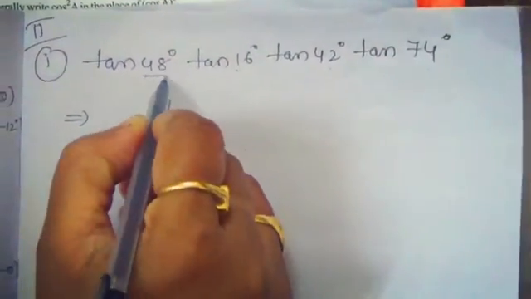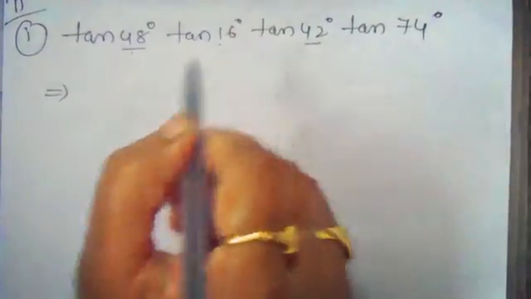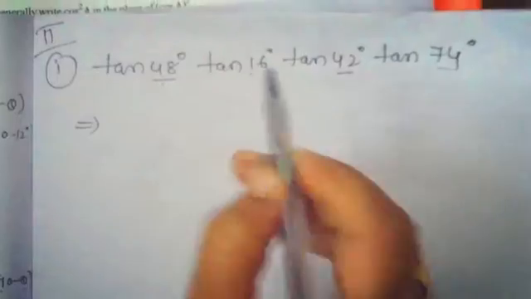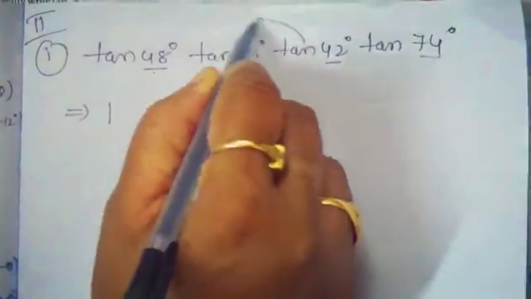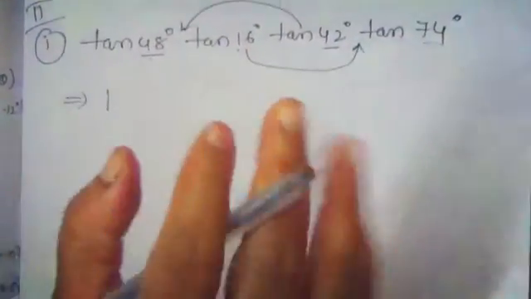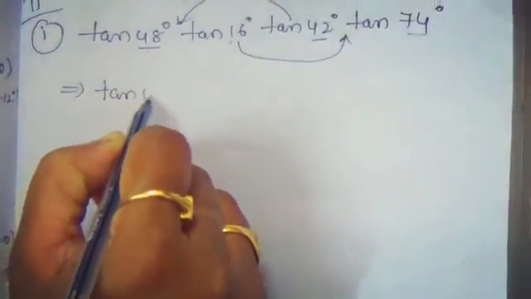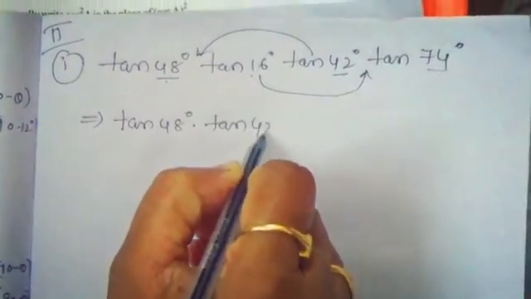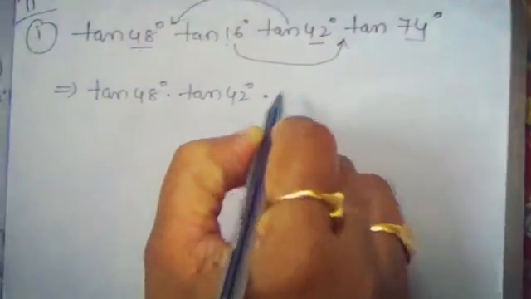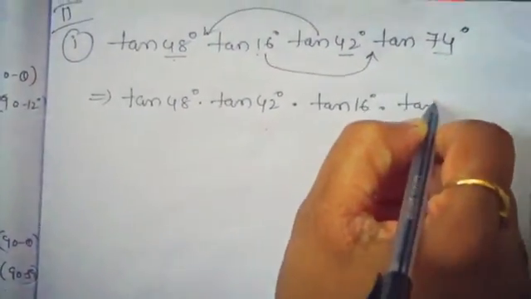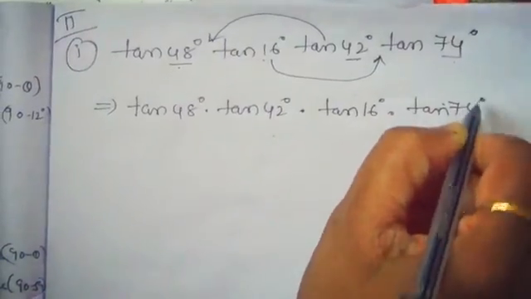Here, 48 plus 42 is 90, and just like that 74 plus 16 is 90. I am writing these two at one place and these two at one place, just for convenience. Tan 48 degrees into tan 42 degrees into tan 16 degrees into tan 74 degrees.